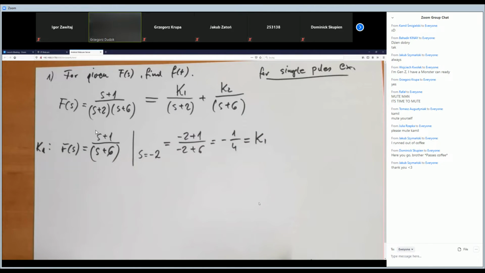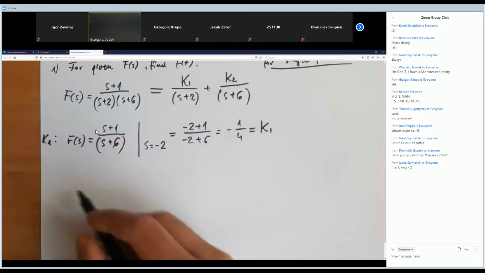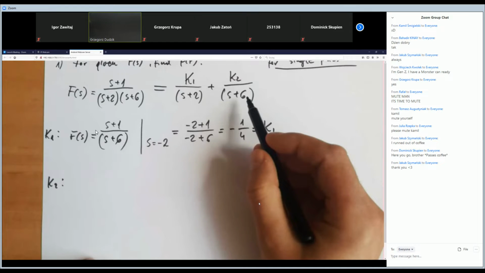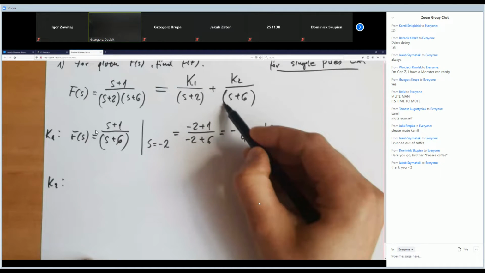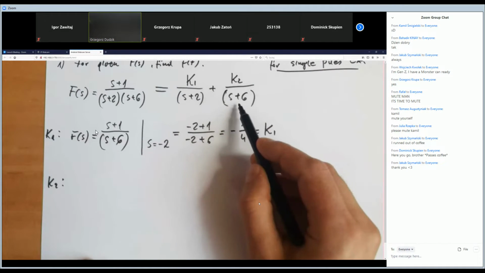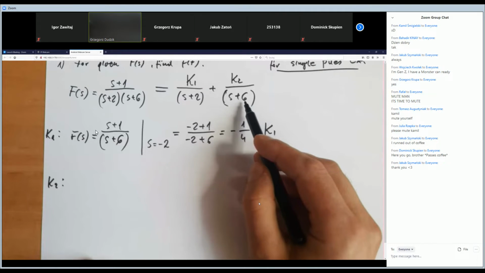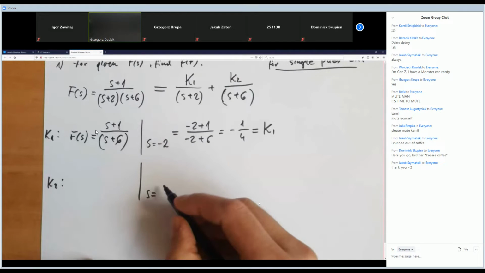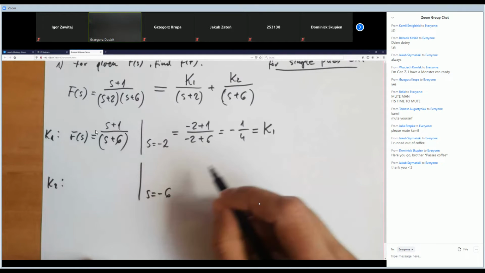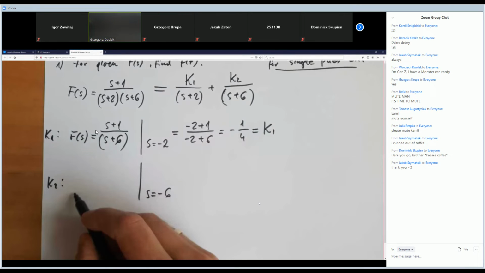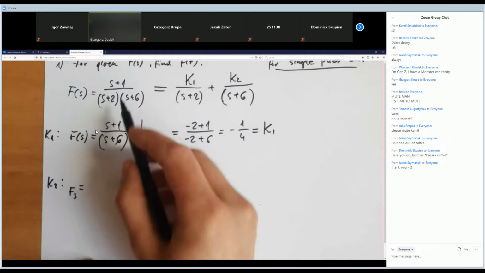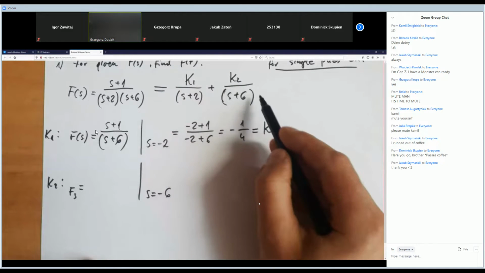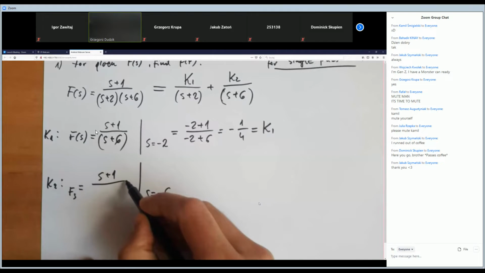Great. So let's go to the k2 factor. How can we find k2? Let's take a look at the connected component for k2. It is s plus 6, and the root for it is minus 6. So let's calculate everything for s equal minus 6. Our F(s) function here will be equal to everything without the component connected with k2: s plus 1 over s plus 2.